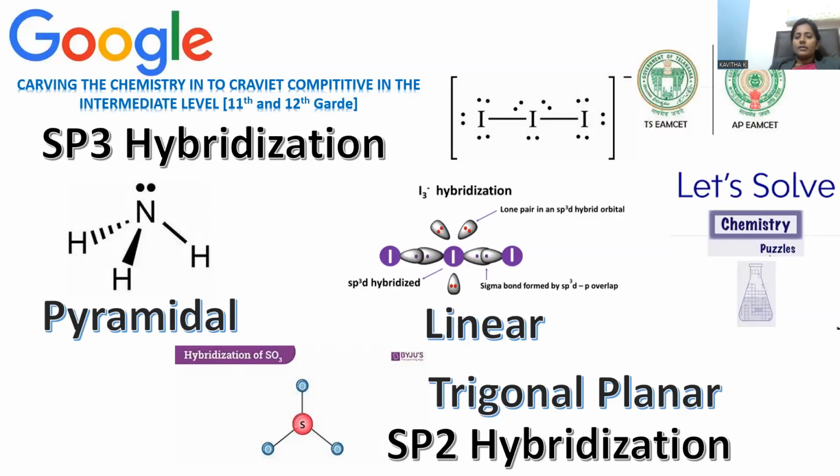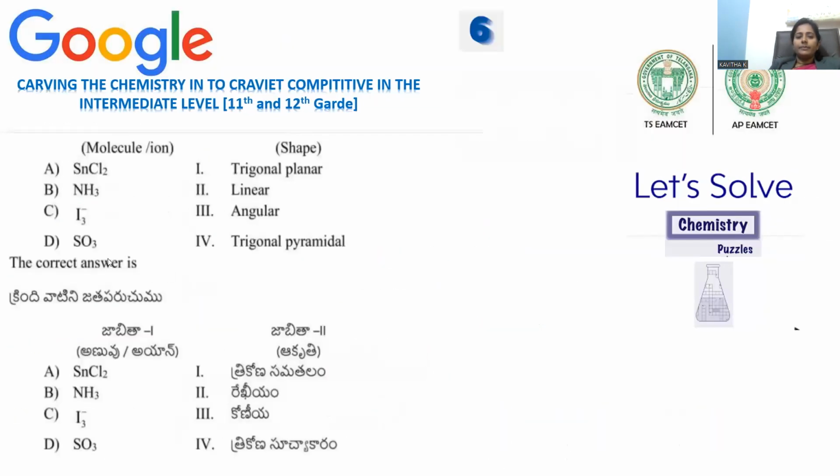All these are clearly mentioned over there. Let's see. SnCl2 is angular in nature, as we just saw, with one lone pair of electrons. NH3 is trigonal pyramidal in nature. I3 minus is a linear molecule. SO3 is trigonal planar.